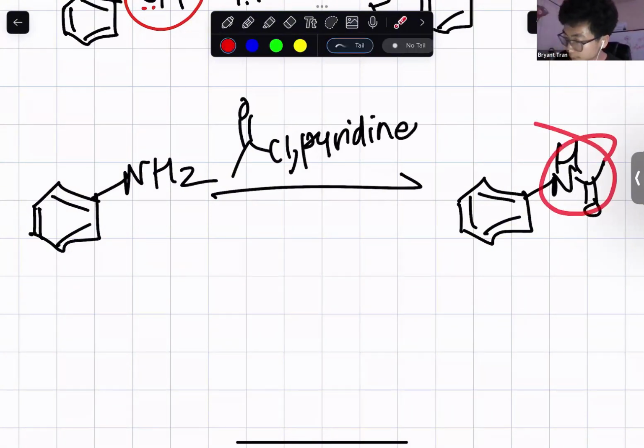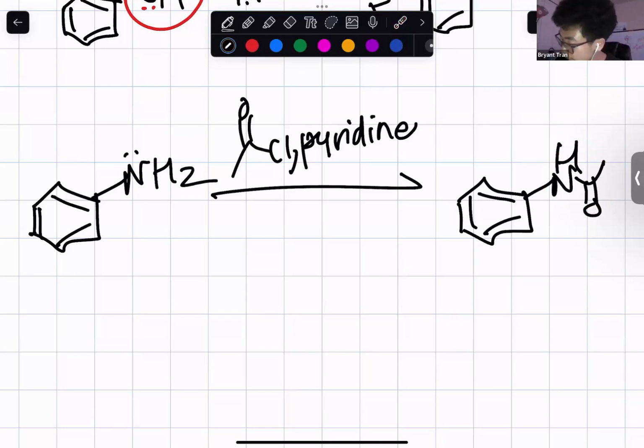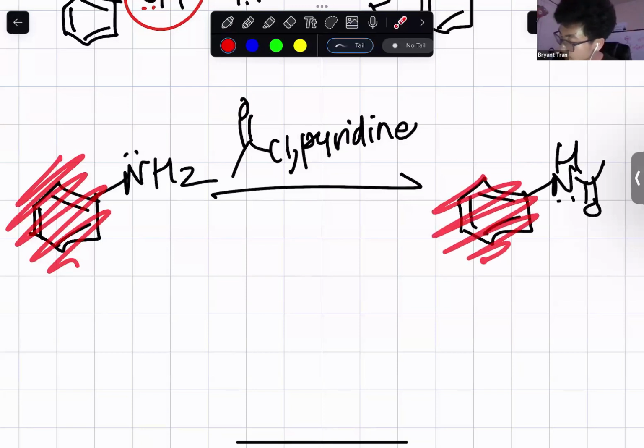And this is a weaker nucleophile because if we look at the pair of electrons on the nitrogen here, ignoring the benzene, the pair of electrons on the amide can do resonance with the carbonyl. And from 118A, the resonance makes things more stable, which is going to make it less reactive.